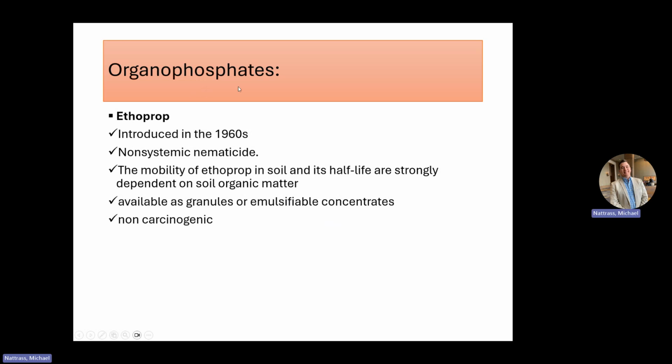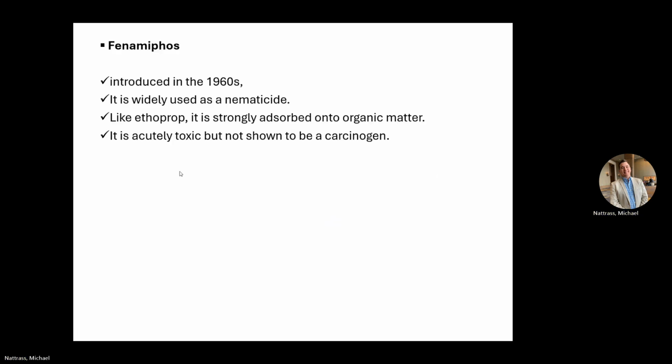Next, we have our organophosphates. We got ethoprop. You can see this has started being used in the 1960s, and at least it's non-carcinogenic, so they're probably still using this. Fenamiphos, again used in the 60s. It's acutely toxic, but also not shown to be carcinogenic. So instead of your carbamates, you're likely going to go look for an organophosphate.